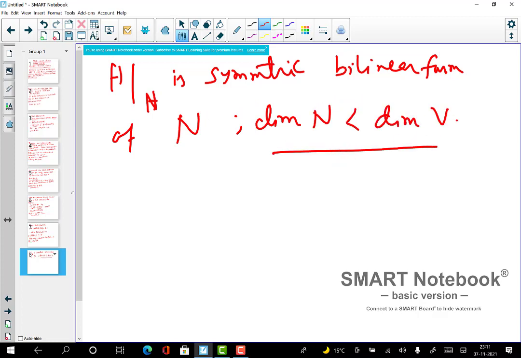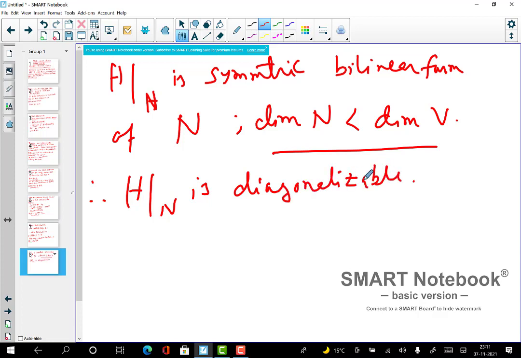So what does that mean? That means h restricted to N is diagonalizable using the induction hypothesis, right?